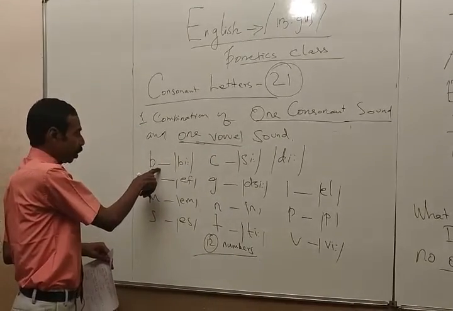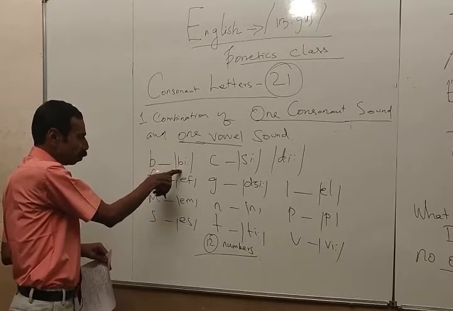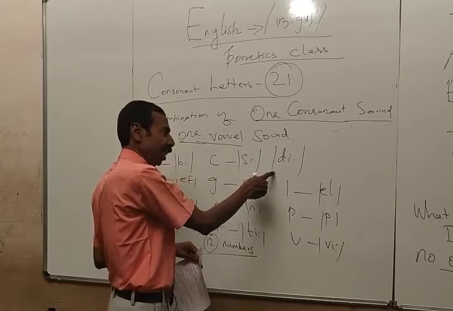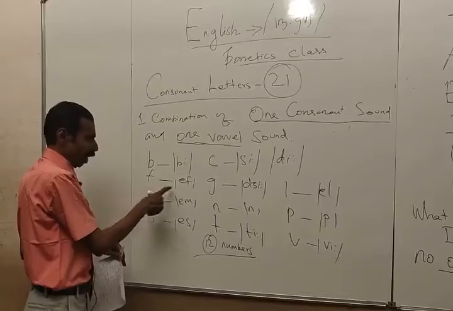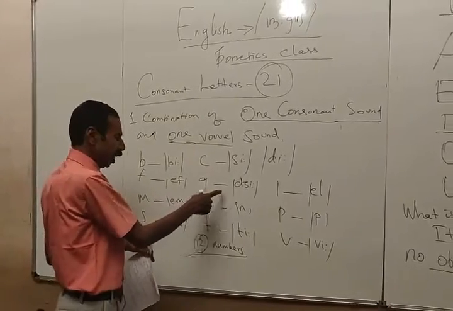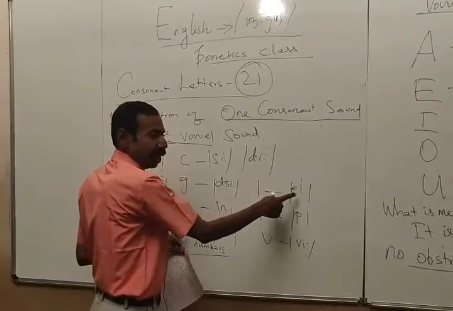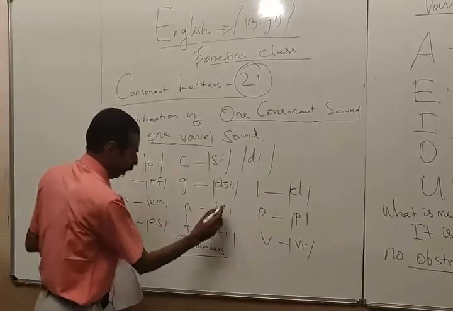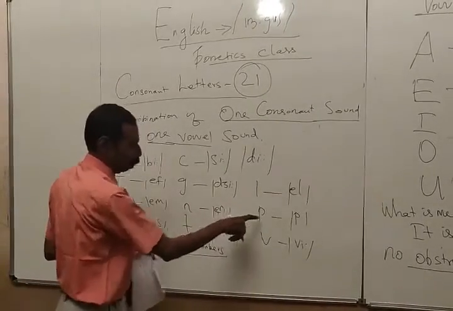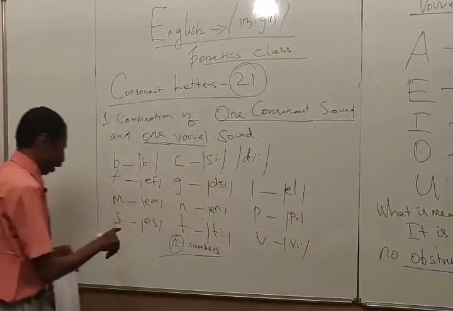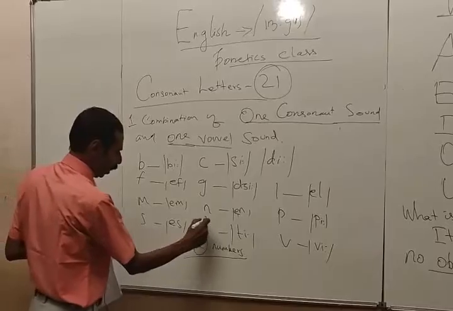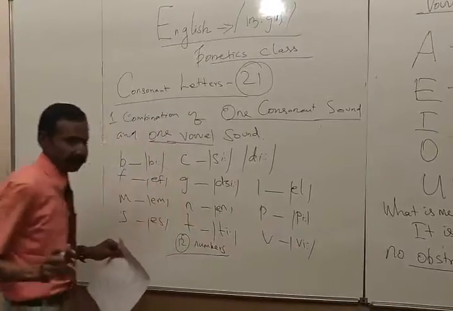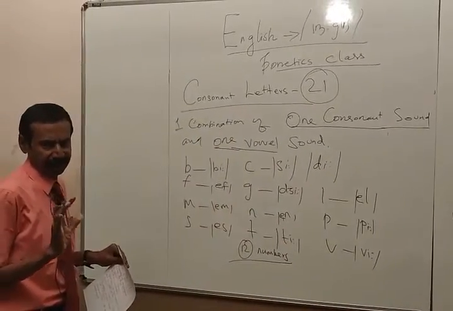They are B, C, D, F, G, L, M, N, P, S, T, V. There are 12 combinations under this group.